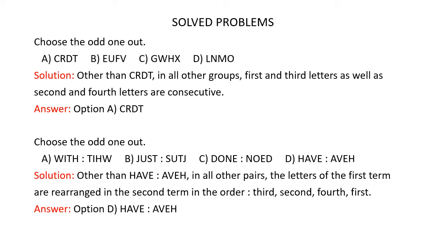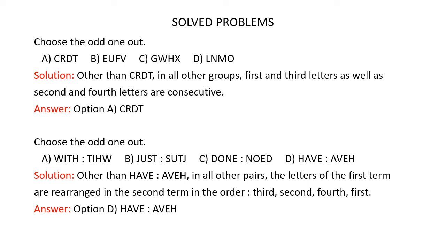When you look at these four options, you'll see that other than have is to AVEH, in all the other pairs, the letters of the first term are rearranged in the second term in the order third, second, fourth and first. That is, in option A, the letters of the word with are rearranged in the order third, second, fourth and first to get TIHW.